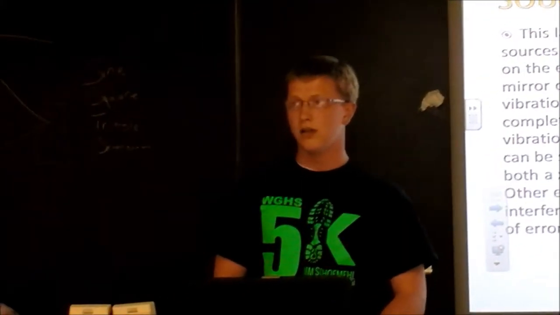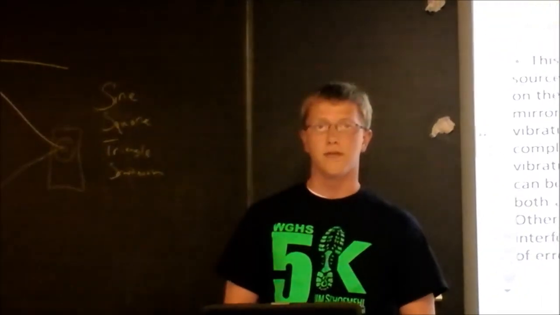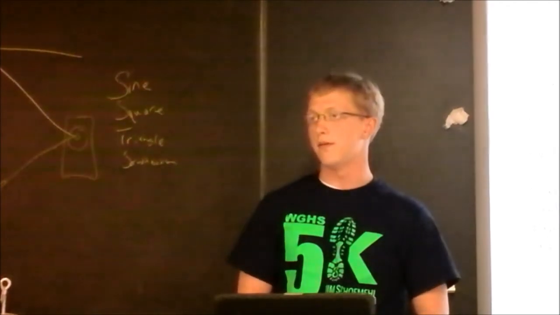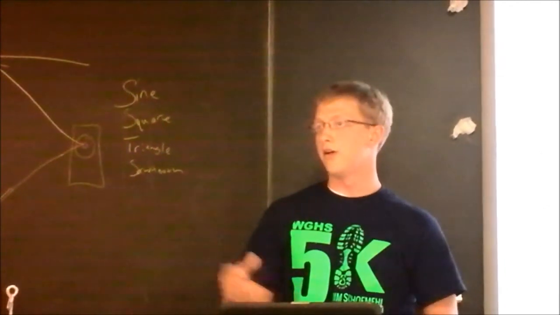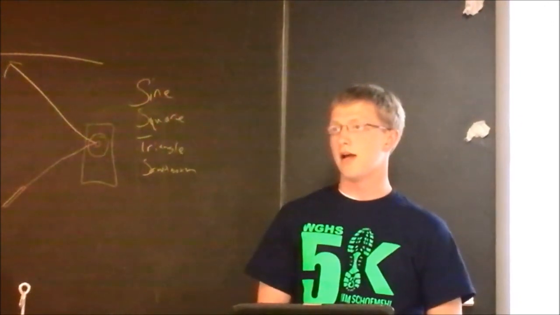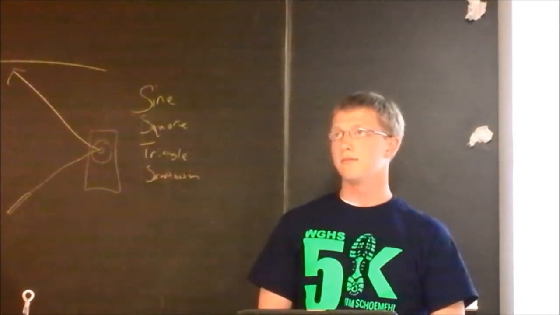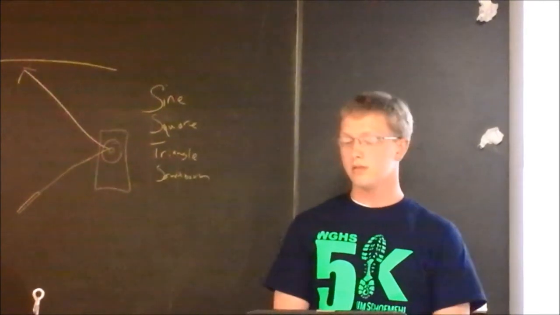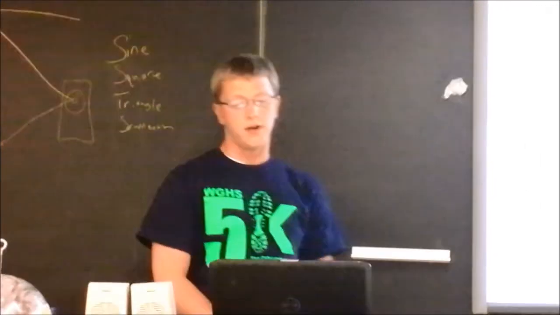Obviously, if we added a second speaker, it would be a parametric equation, and it would add another wave function, and we could have gotten numerous designs and displacements. So, sources of error.